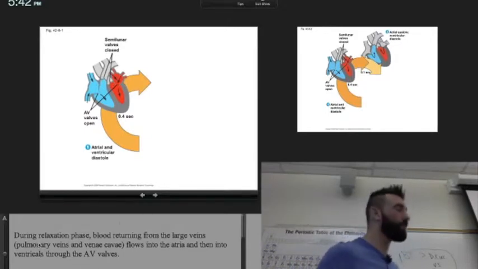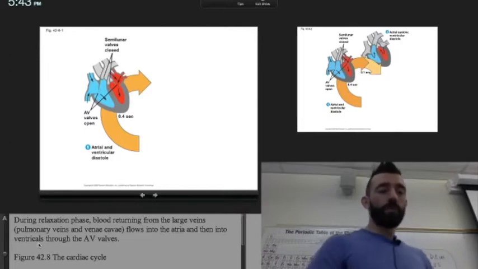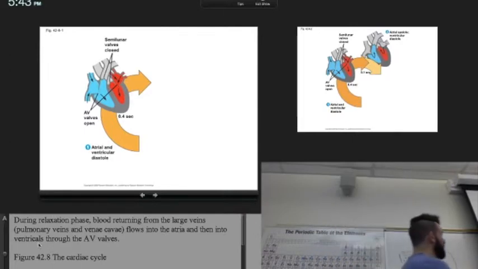Okay, so let's go through a rep of our cardiac cycle. We have the relaxation phase, and during the relaxation phase, blood is allowed to flow from the atria to the ventricles. So the AV valve is open.